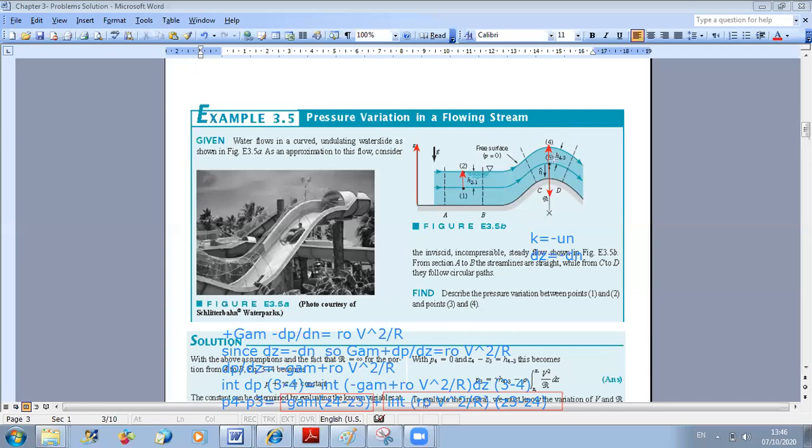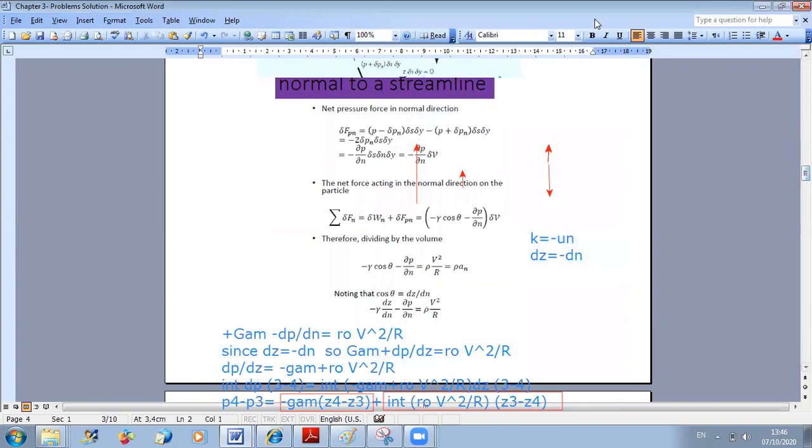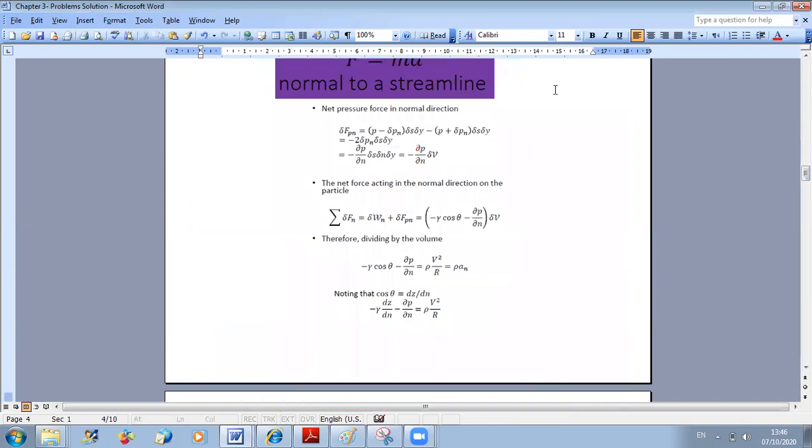This is why I cannot conclude if p4 is higher or lower than p3, because I have two opposing effects. Now, in order to understand why the pressure decreases if I move towards the center, you can go back to your derivation of motion perpendicular to a streamline. What did we get?